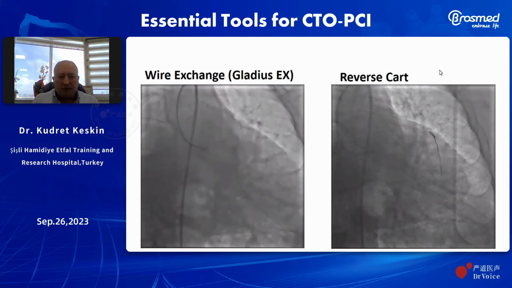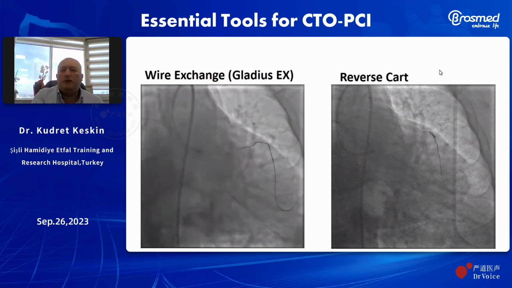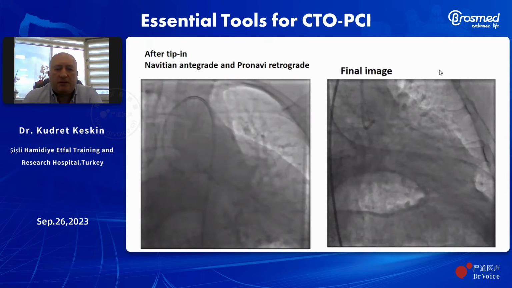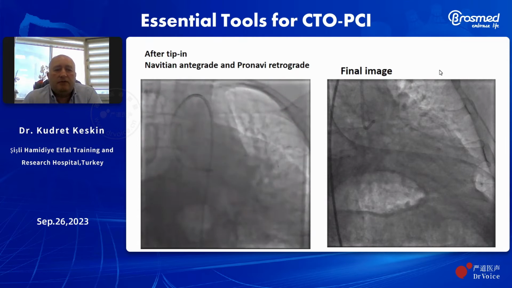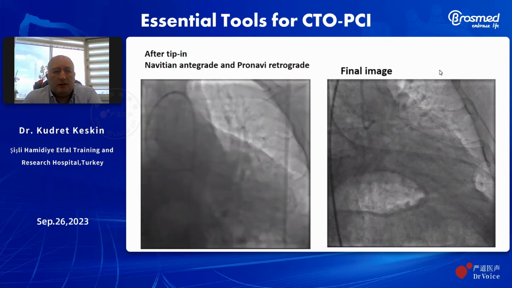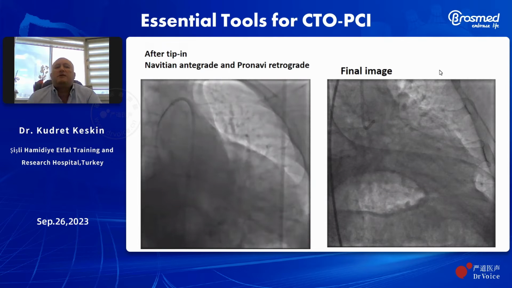We took the Gladius EX, and I don't want to go into the details of every step of the procedure, but we applied a reverse CART. Since this was an ipsilateral collateral, either we had to use the pick-box method for externalization or tip-in, but in this case, we used the tip-in, and the wire exchange was successfully done.